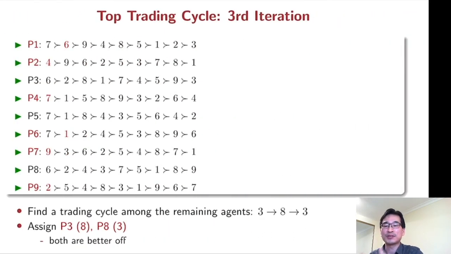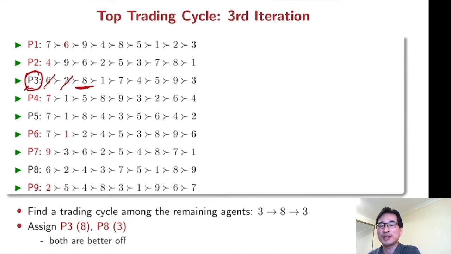And let's find another trading cycle. Now P3 is still in the mechanism, in the algorithm. So Proposal 3 points to 6, not available, 2 not available, 8 is available.